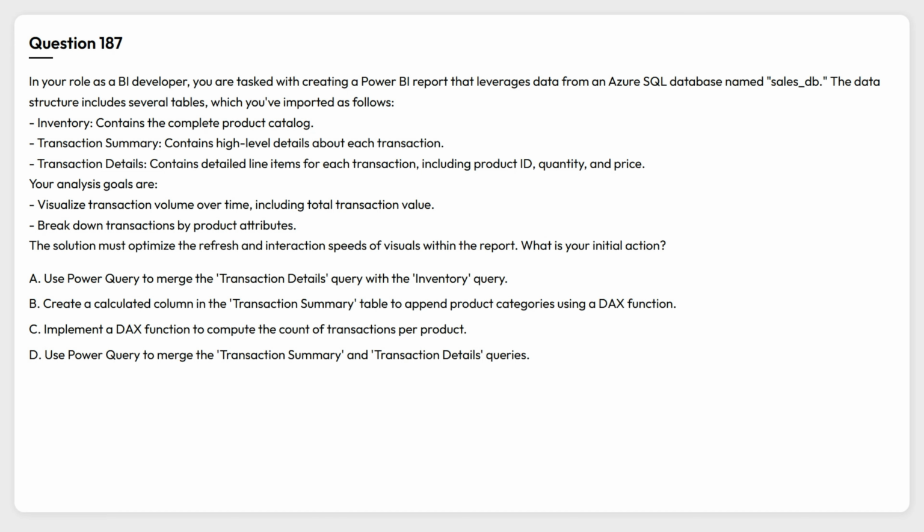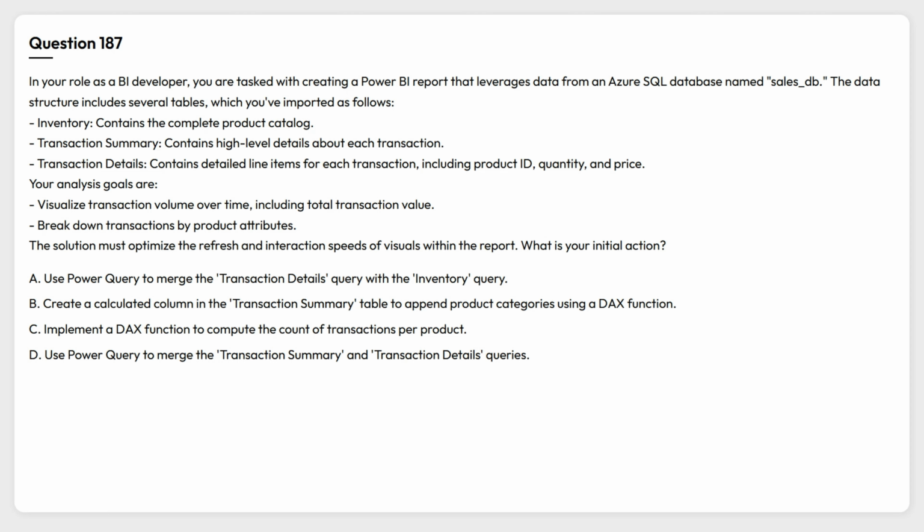Inventory contains the complete product catalog. Transaction summary contains high-level details about each transaction. Transaction details contains detailed line items for each transaction, including product ID, quantity, and price.